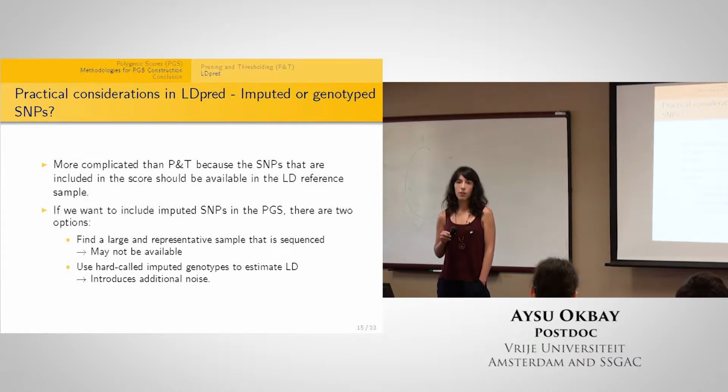There are a couple of ways to do it, but you take the genotype with the highest probability and assume that's the genotype. So that's hard calling the dosages. Since the probability of that genotype being the actual genotype is not 1, you get a lot of additional noise when you estimate LD using hard-coded genotypes.